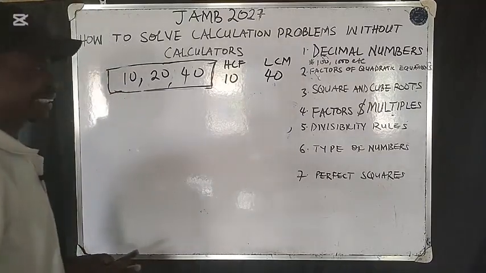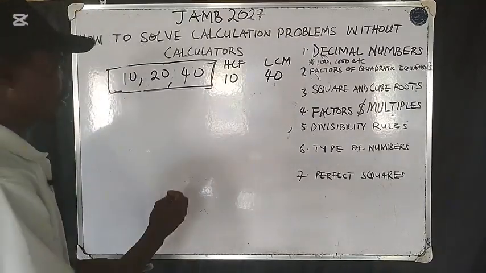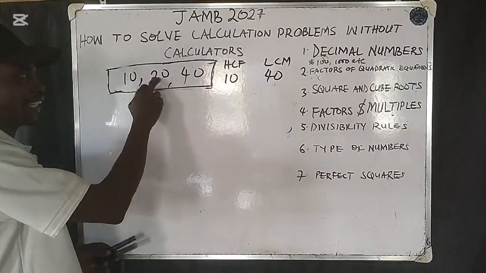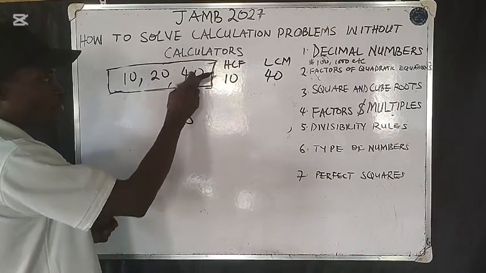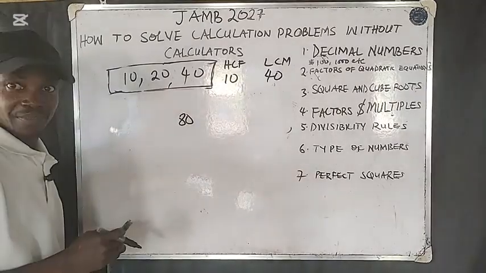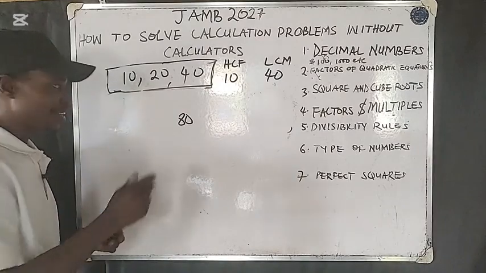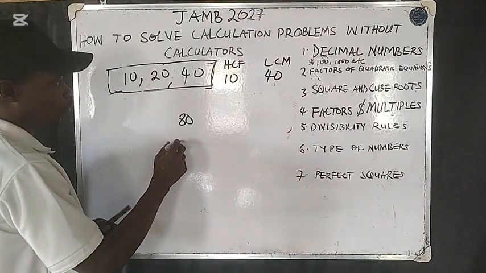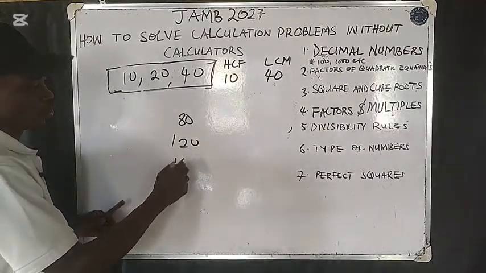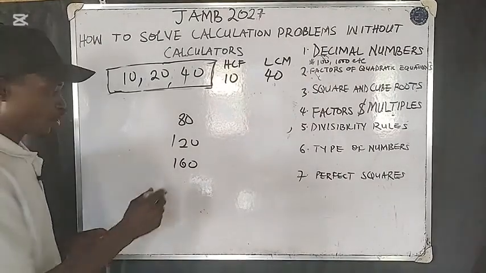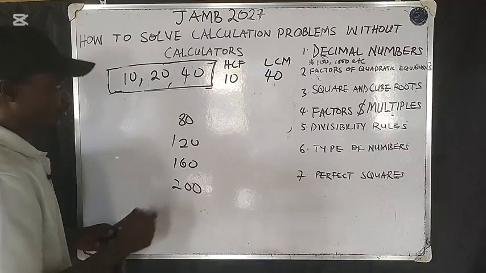LCM, that is the lowest number: 40, 80. So do you know that all of this can go into 80? It's so. All of this can go into 120. Am I right? All of this can go into 160. Am I right? All of this can go into 200.